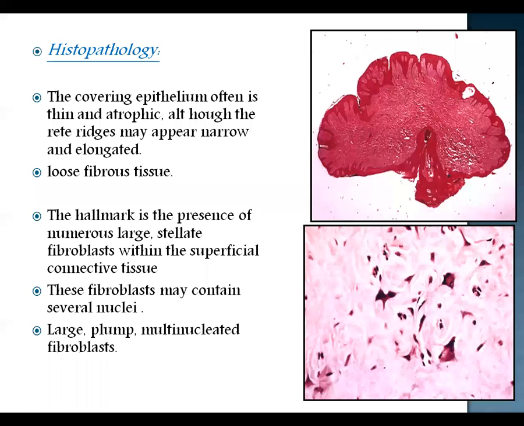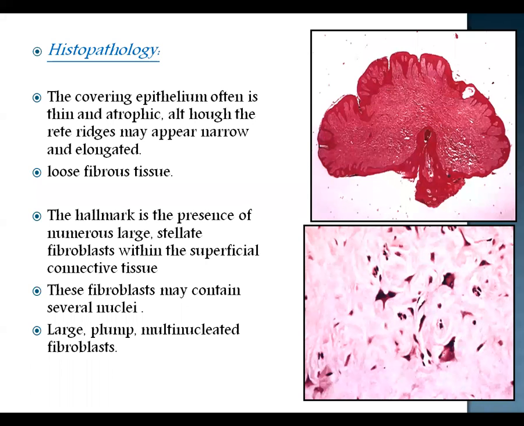Histopathologically, the covering epithelium often is thin and atrophic, although the rete ridges may appear narrow and elongated. Loose fibrous tissue is present. The hallmark is the presence of numerous large stellate fibroblasts within the superficial connective tissue.